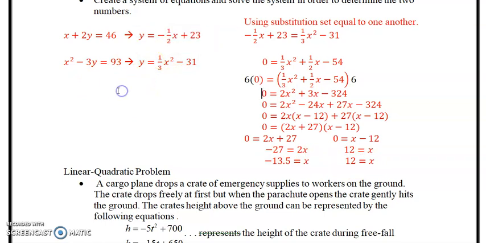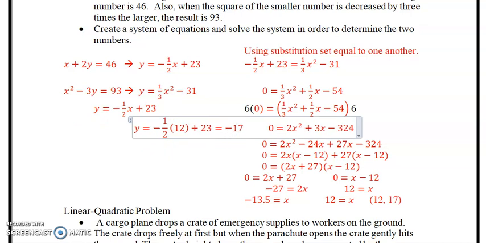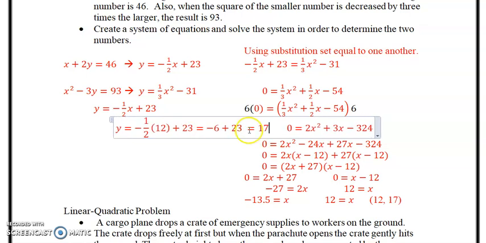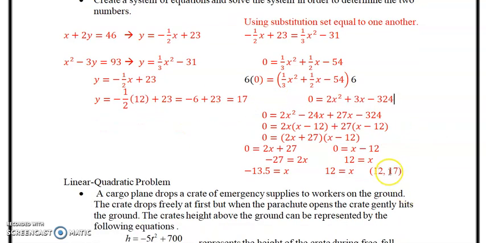So when you put in the first equation, you substitute the 12 in for x, you get -6 plus 23, which would equal 17. And then your point is 12 and 17.